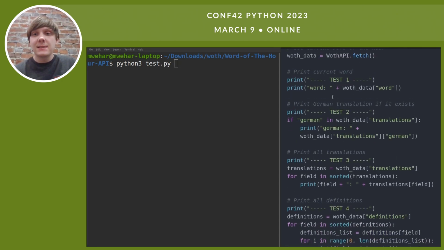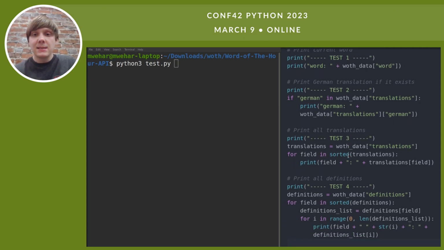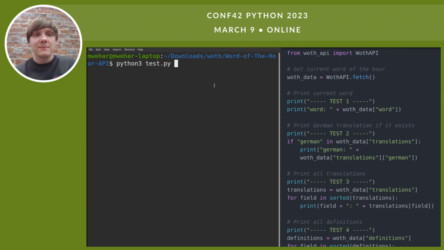The first test is to get the current word. The second test is to check if there's a translation into German. And the third test is to get all of those translations. And the fourth test is to get the definitions. So let's run the code and see what happens.